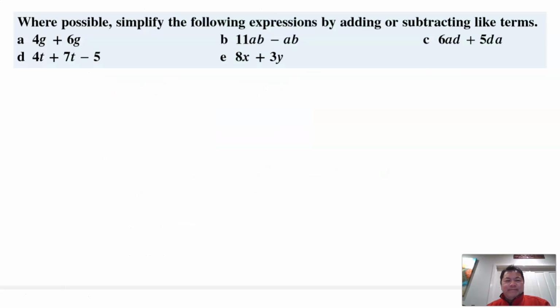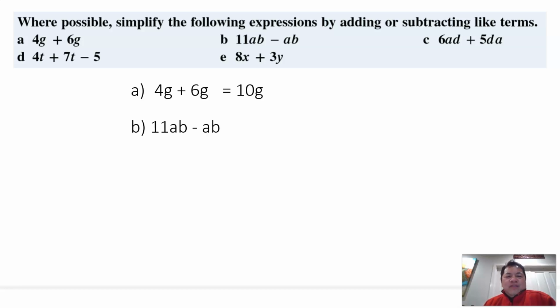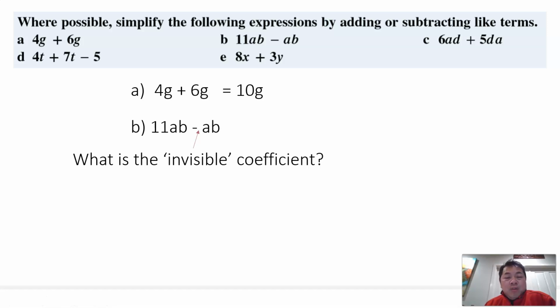Okay. Let's move on to these examples here. A, 4g plus 6g. Okay, easy. It's 10g. B, 11ab minus ab. Oh, how do I minus it? There's nothing here. There's actually something there, isn't it? There's this invisible coefficient, and the invisible coefficient is 1.